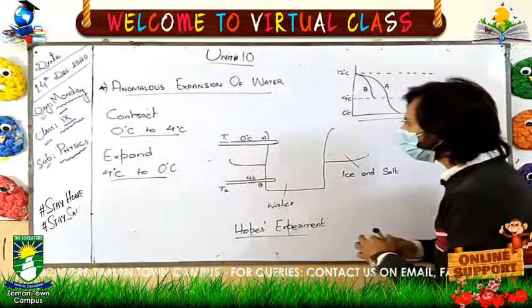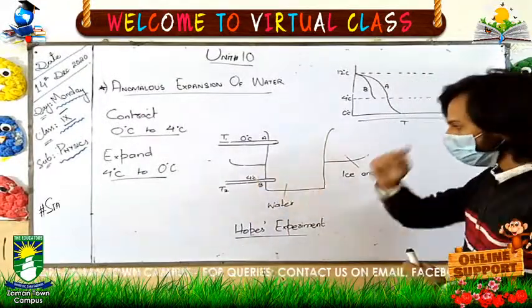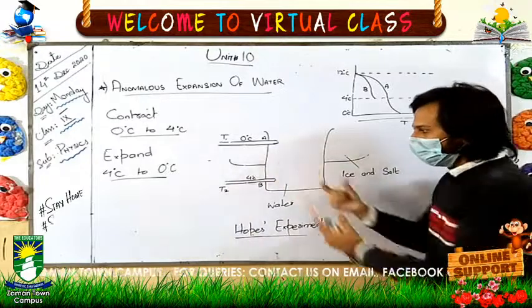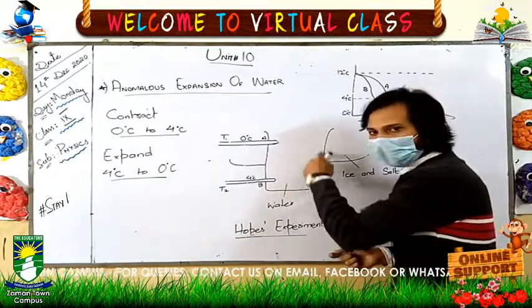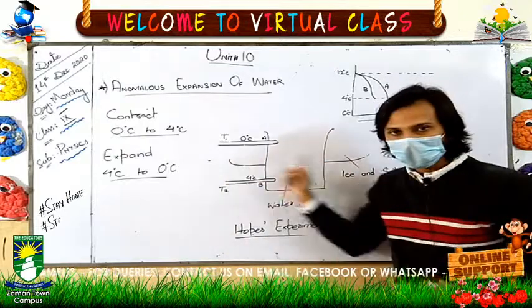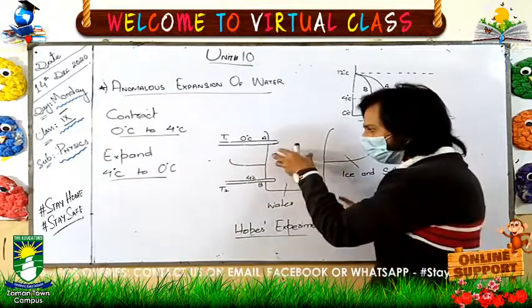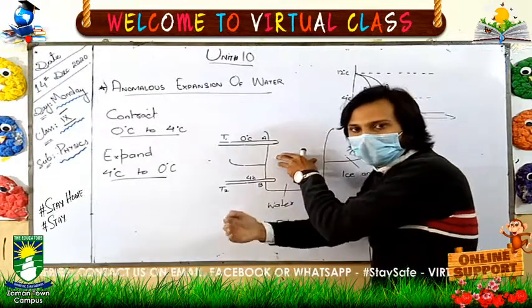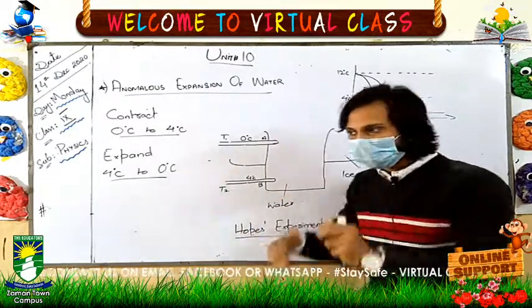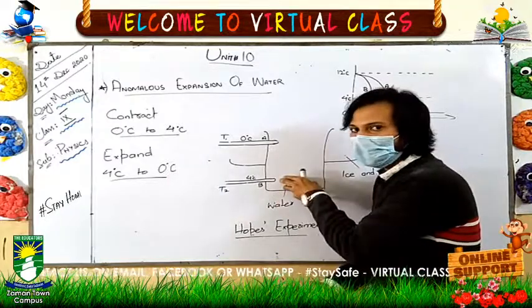Okay, now another thing. First of all, the temperature starts falling at this portion because this is nearest to the cooling material. So the temperature will fall down to 4 degrees Celsius. It can fall further, but before falling further, it will settle down.